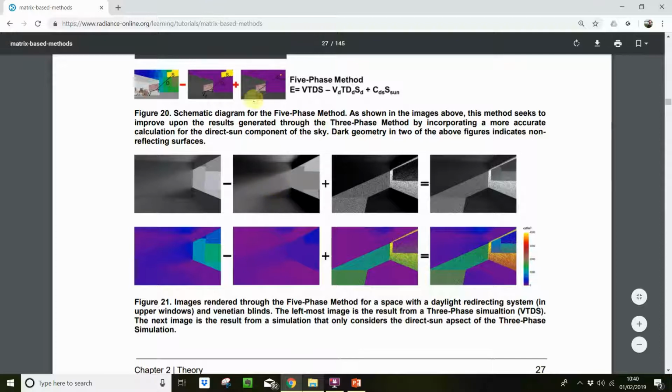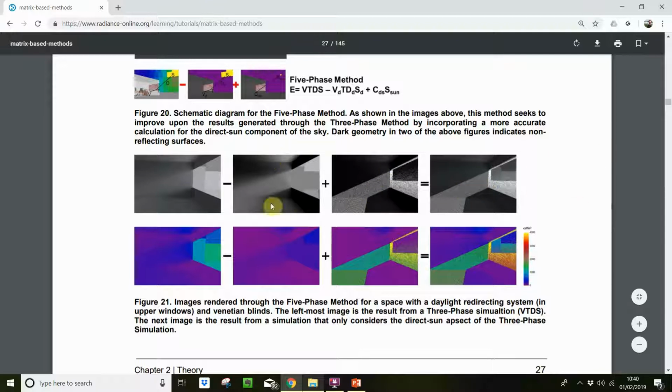It then does the calc with an accurate sun. It's these two at the same times of the day. Nothing has changed except the sun is represented accurately now as a small sun. And then it says, take the original image, remove the light contributions from the coarse sun, and replace it with the light contributions of the accurate sun, and then you get it.